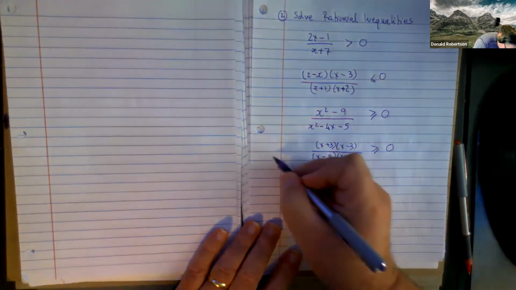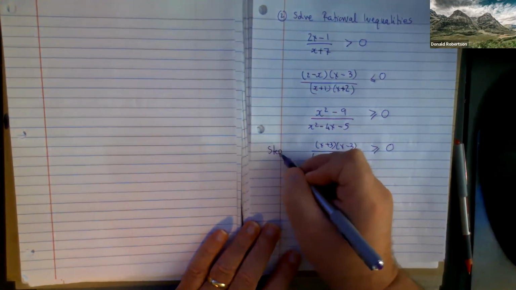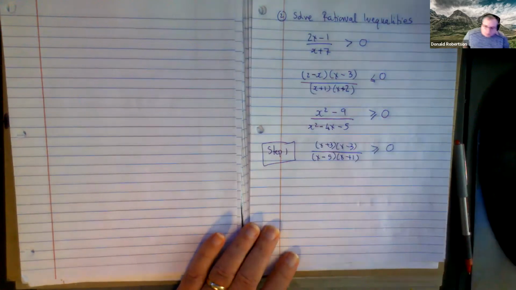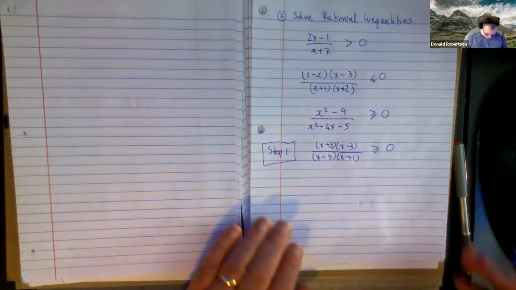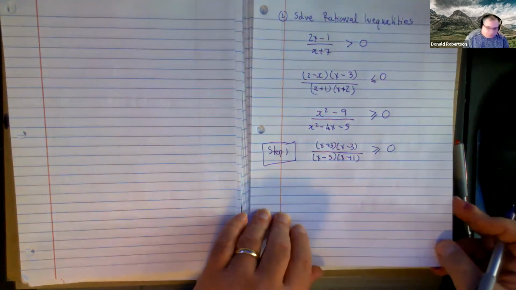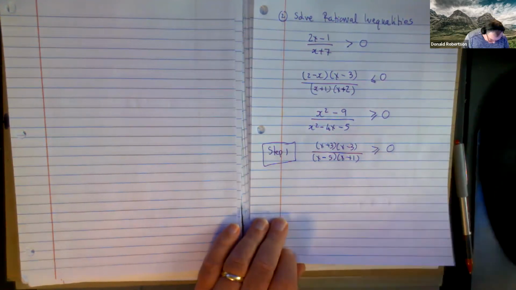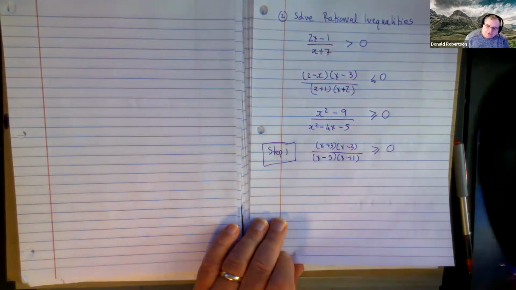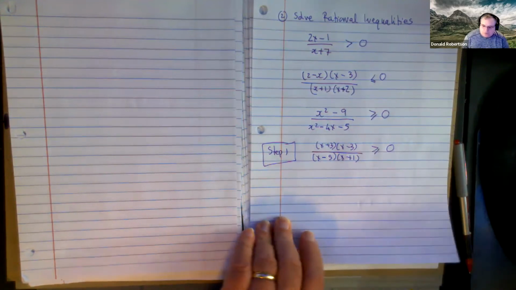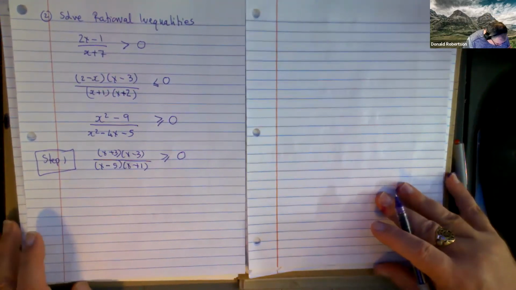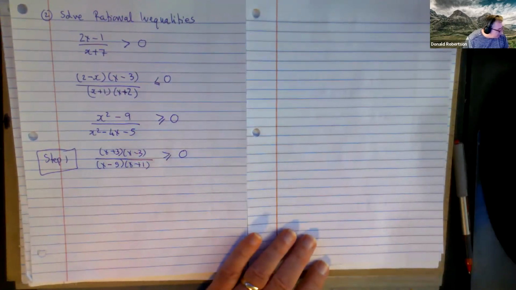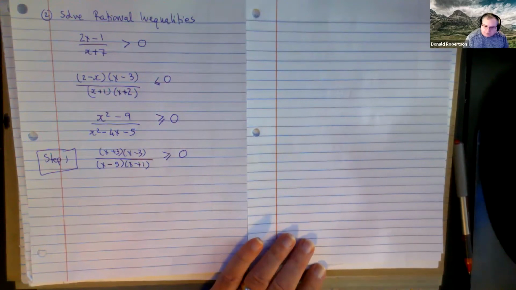So essentially, if you have to, step one would be factor everything as much as possible. Now, the technique, choosing test points and all that good stuff are very, very similar. So it's not going to really be a different process. It's really just going to be an adaptation of a process that we already know.